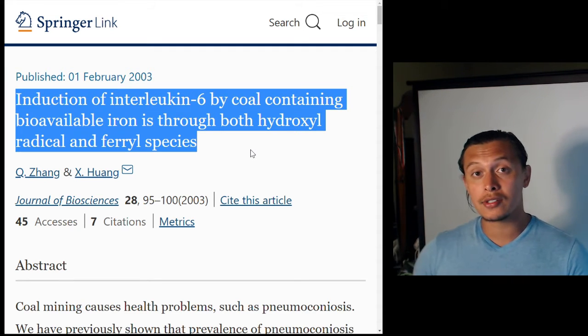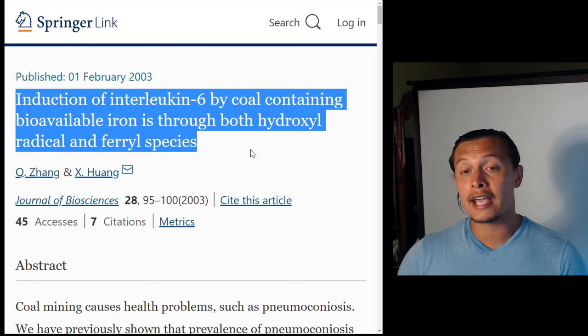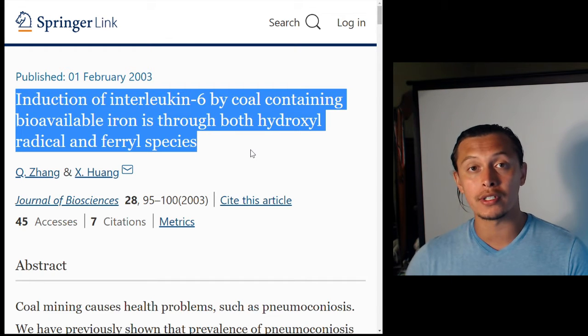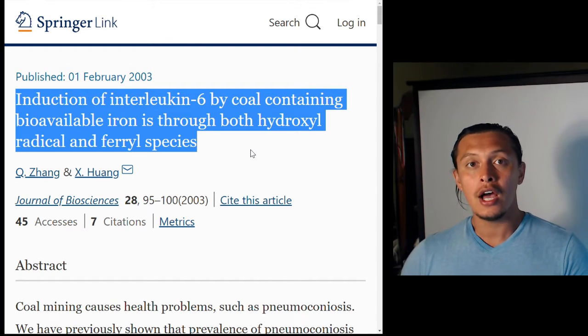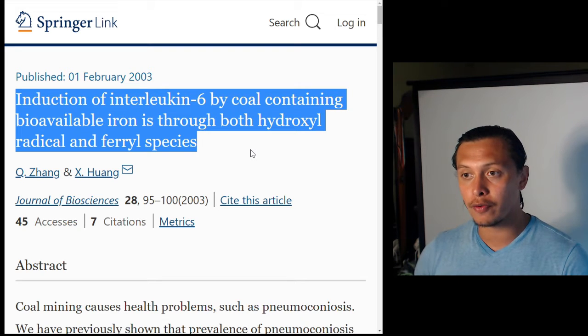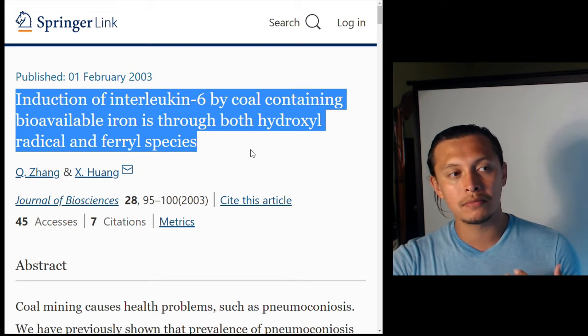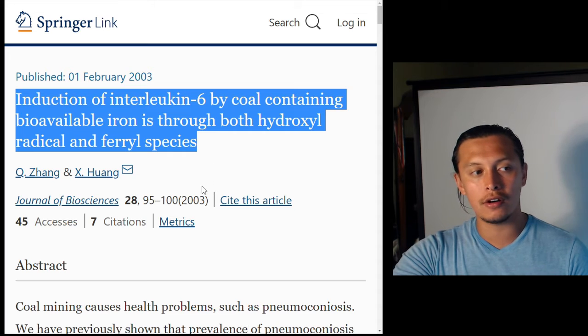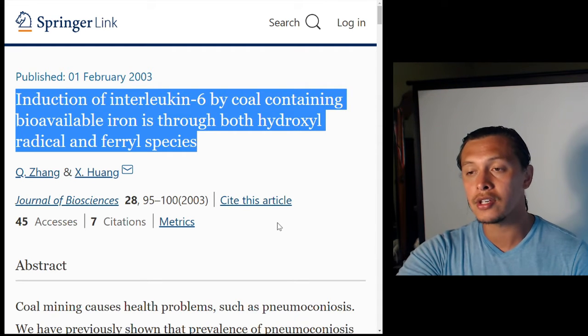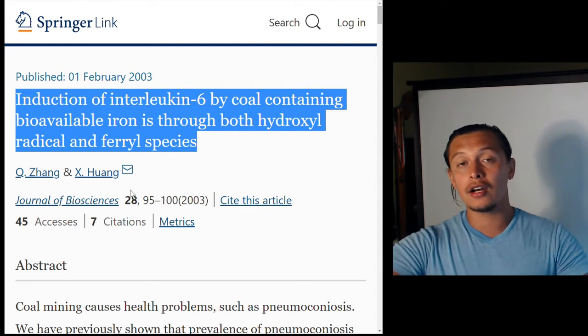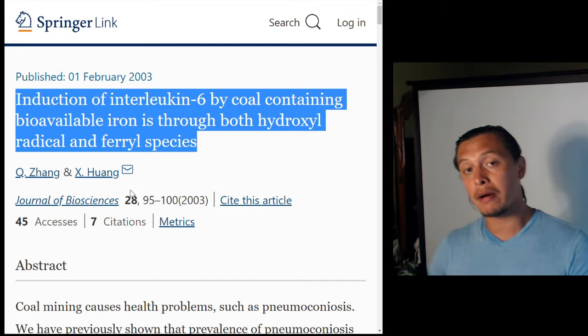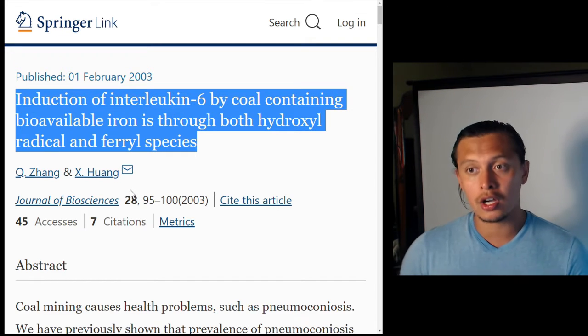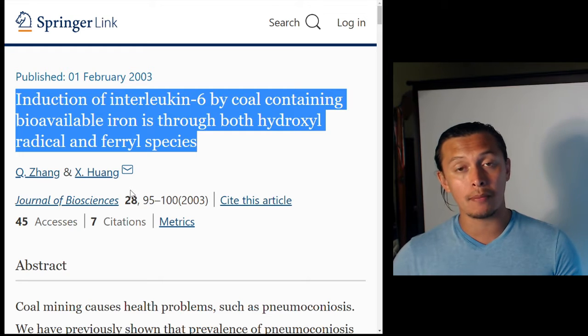They are redox reactive, so they can catalyze redox reactions, or reductive oxidation reactions. They can catalyze the production of free radicals and of superoxides. All of these things can in and of themselves create a pro-inflammatory environment, which would cause interleukin 6 production.